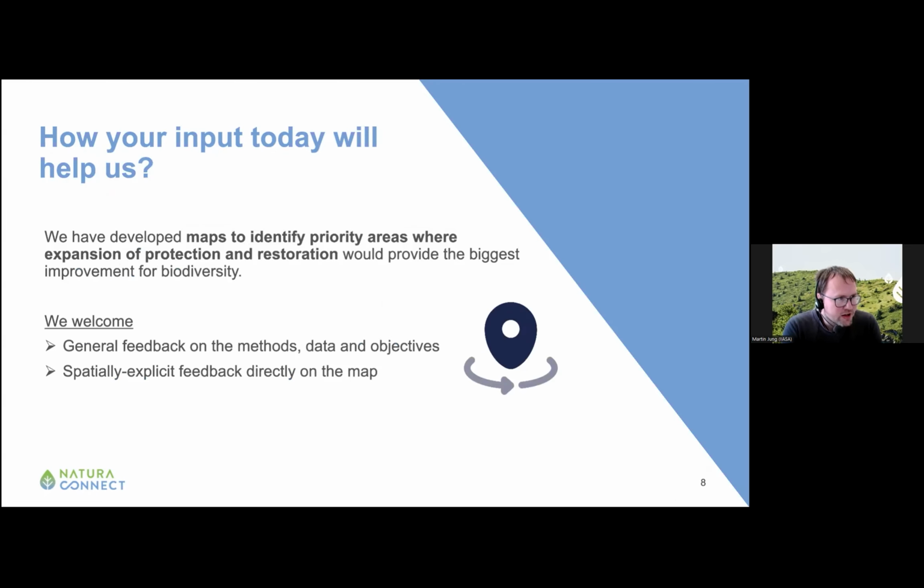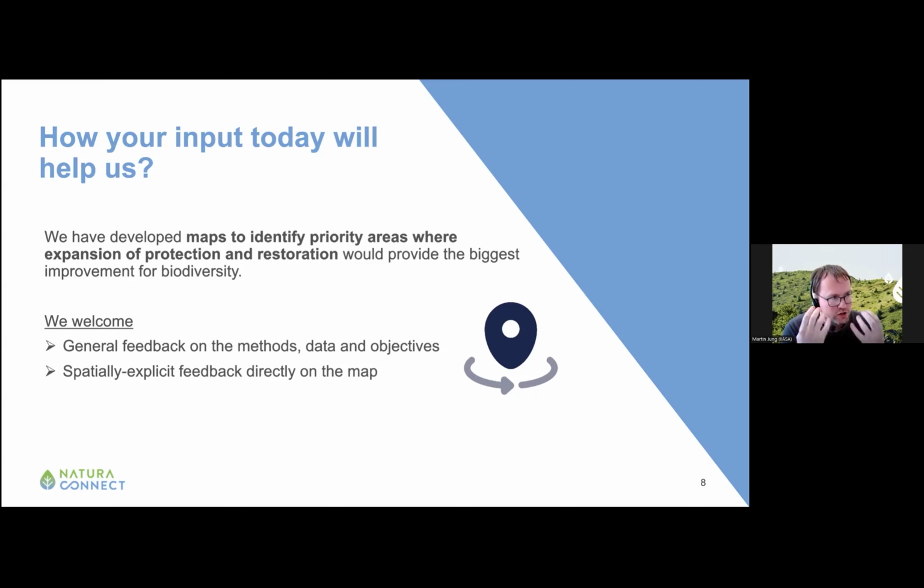And finally, how will your input today actually help us? Similar to the first webinar, we show you maps that we developed that identify priority areas where expansion of protection and restoration would provide the biggest benefit for biodiversity. What we would welcome from you is some general feedback on our methods, data and objectives, as well as spatially explicit feedback.